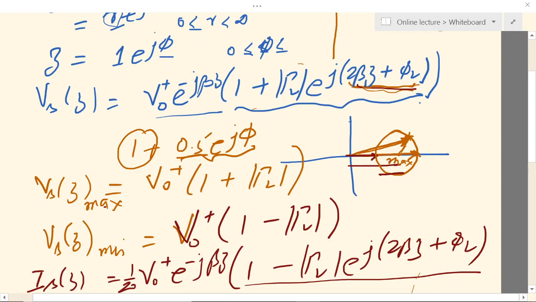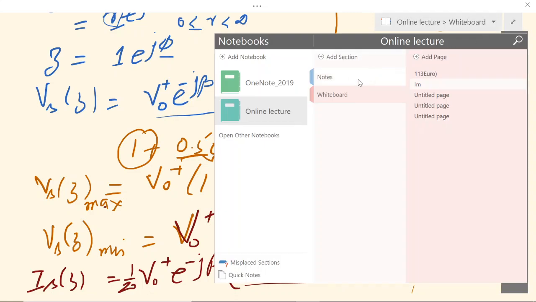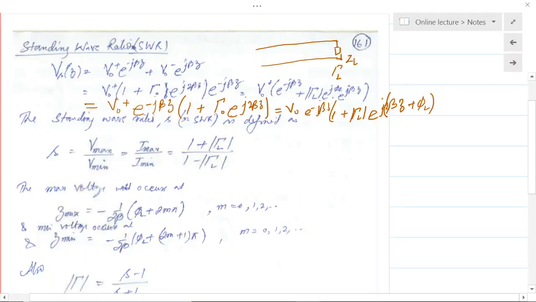This you can understand. Now the maximum voltage will occur when this phase is 0, and the minimum voltage will occur when this phase is pi or minus pi. We have calculated these and shown them here in the notes.